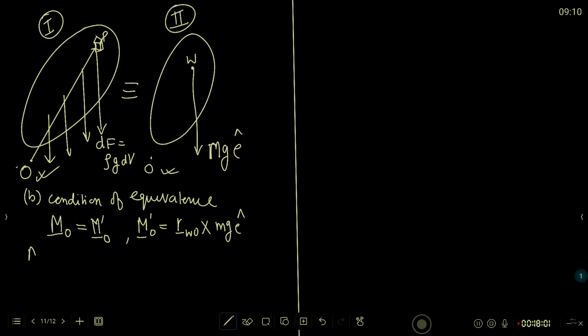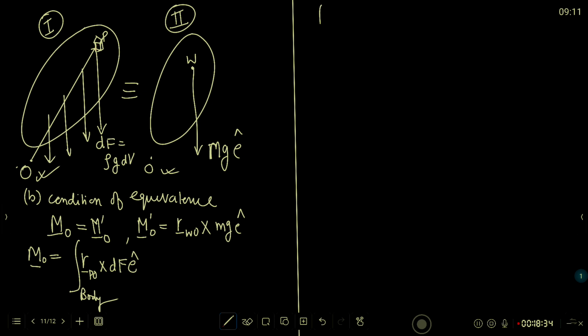Whereas the moment due to all forces from the first system will be r_PO cross dF times E. dF is just a scalar here, and I need to integrate it over the whole body. That would be the moment of all the forces about point O, right?